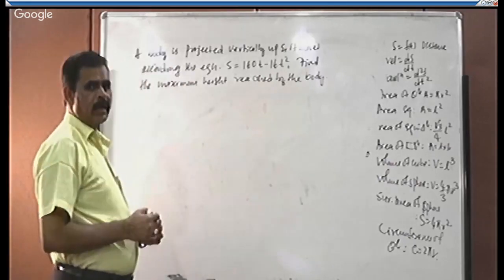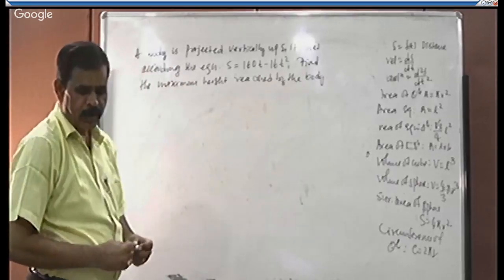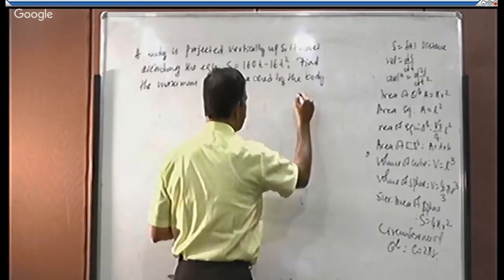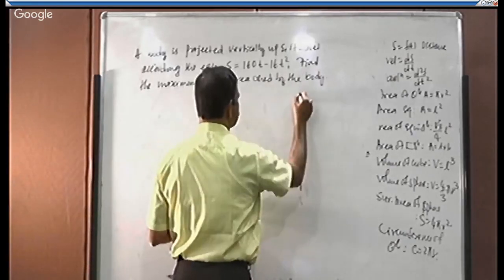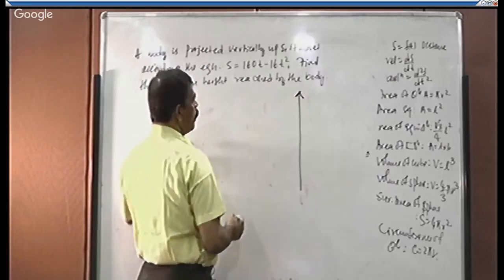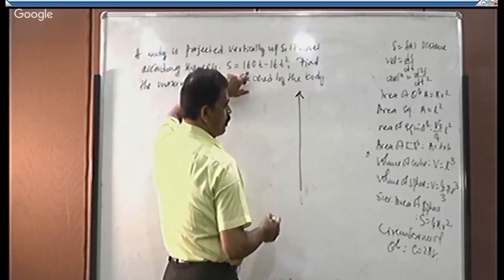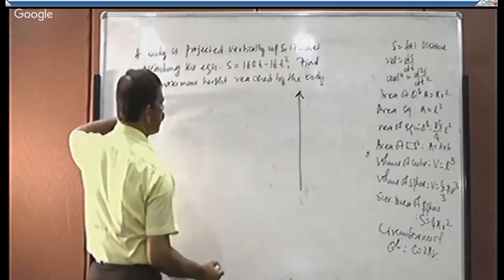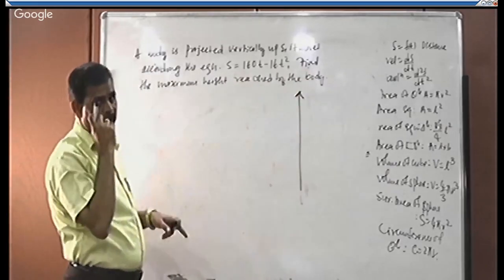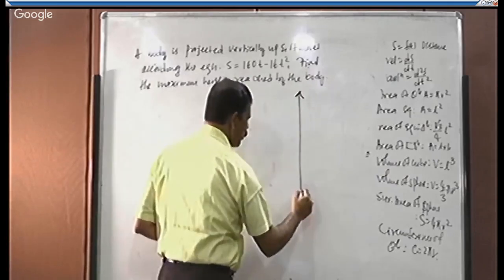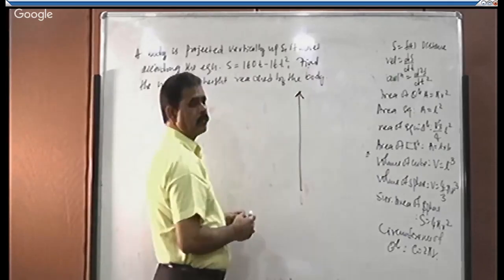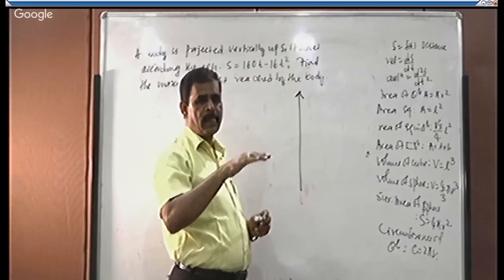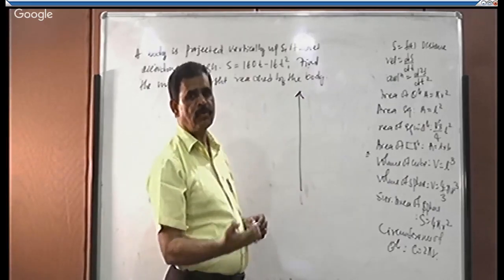First, understand the question. A body is projected vertically up, means it is traveling in the upward direction according to some equation. We have to get the maximum height reached by the body. While traveling in the upward direction, the velocity of the body goes on decreasing because of the acceleration due to gravity.